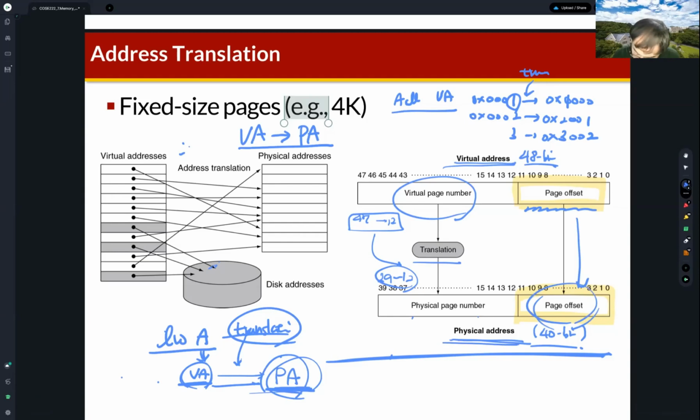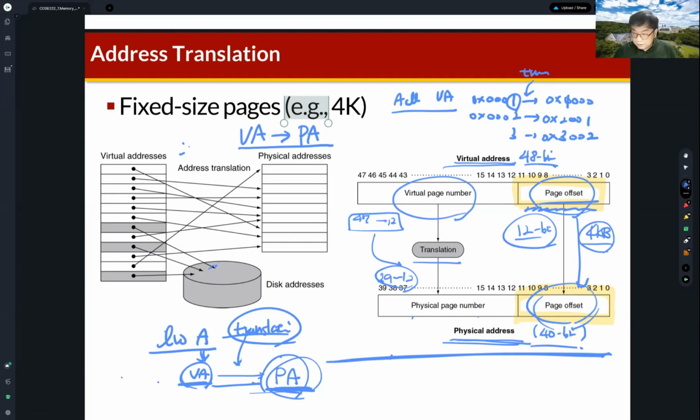And the size of this physical page offset is 12-bit. So what does that mean? This page offset field occupies 4 kilobytes of data.